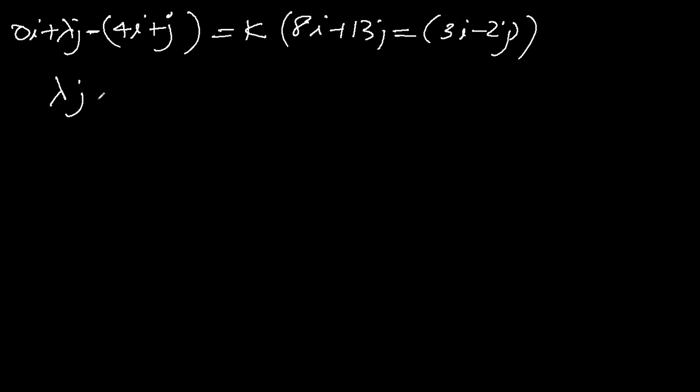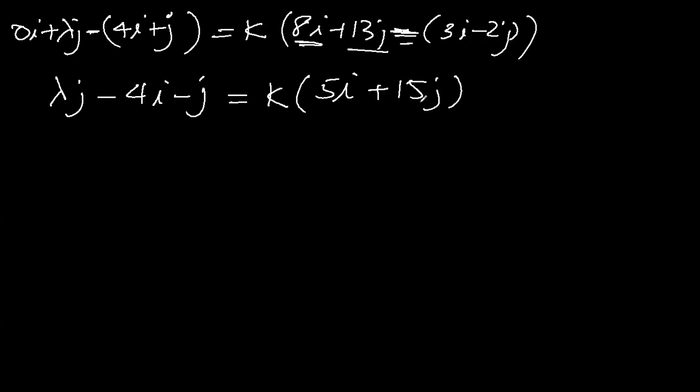So lambda j minus 4i minus j equal to k times... here 8i minus 3i is 5i, and 13 minus minus 2 is plus 15j. Right?